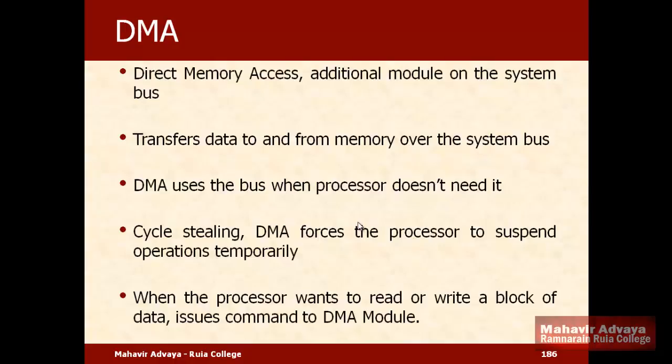Whenever a processor wants to read or write a block of data, it issues a command to the DMA module, and the DMA module takes the responsibility of transferring the data from the input devices to the memory, and so on.